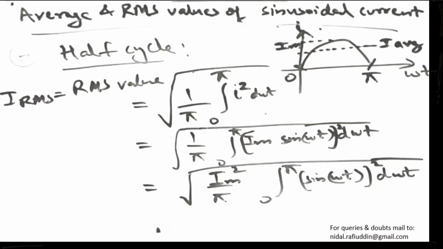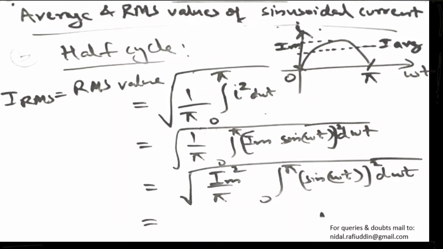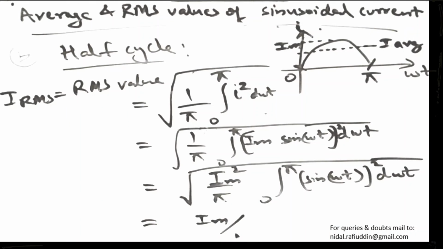Using the same things that we did in the previous full cycle mathematics, I'll be writing this directly. If we take Im outside, we are left with Im by under root pi, under root. In place of sine square omega t in the previous case, we wrote 1 minus cos 2 omega t divided by 2, and we took the integral of it.